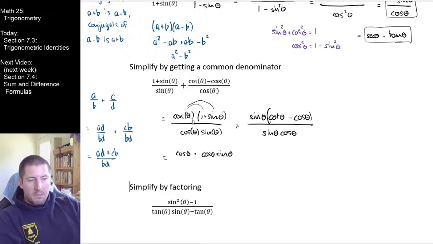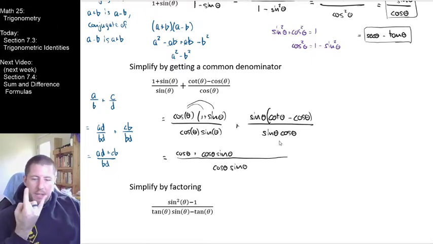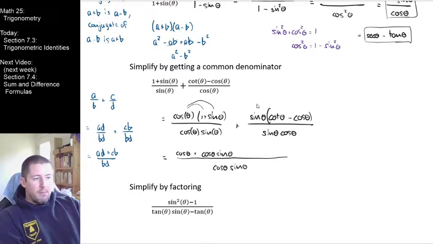All right, so those are my terms from the first fraction here. I know that we have a common denominator, so I'm going to be able to write all these things underneath one common denominator right here. We've got this common denominator of cosine times sine. Multiplication can happen either way, so these two denominators are equal to each other. And now I want to multiply this sine in through these terms right here.